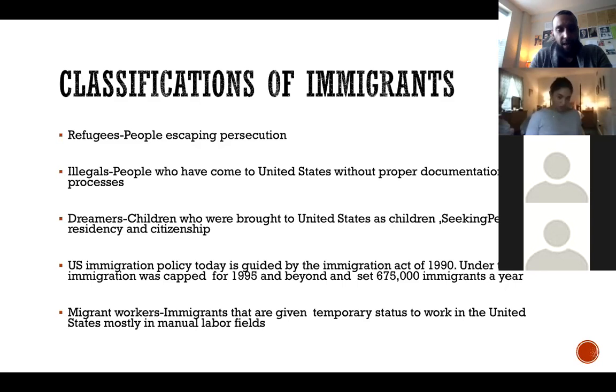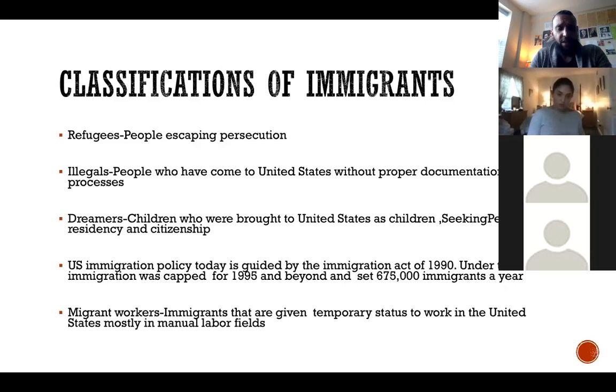President Obama had put legislation in place for dreamers because they are seeking permanent residency and citizenship. Most dreamers are Americans. They don't know anything about Mexico, Costa Rica, Haiti, Africa, Spain, or wherever they may descend from. But that is one of the classifications.